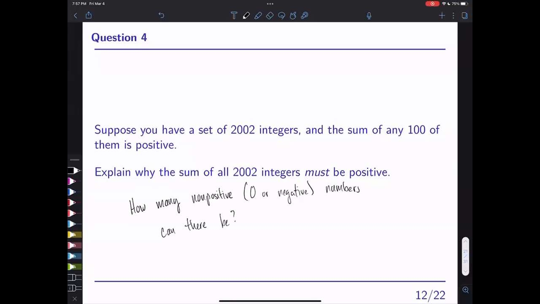So of these 2002 integers, if I know the sum of any 100 of them is positive, how many non-positive numbers can I actually have?